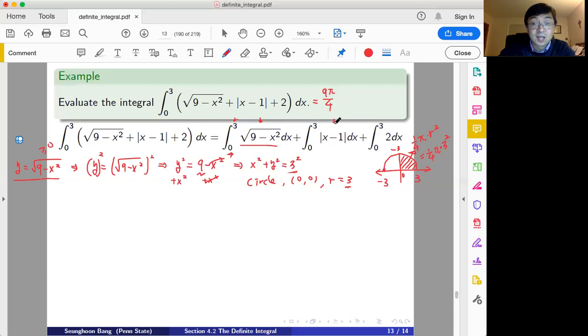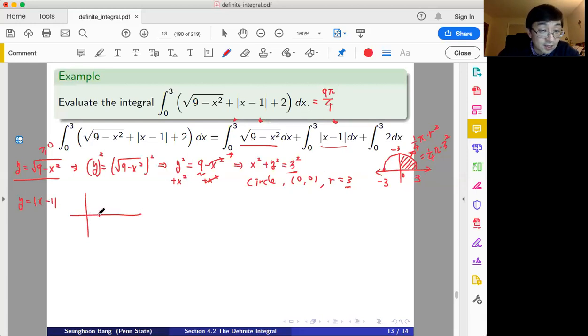The next, the second one, is here. y equals absolute value of x minus 1. What's the graph of y equals absolute value of x minus 1? So we have this graph. The vertex is x equals 1.